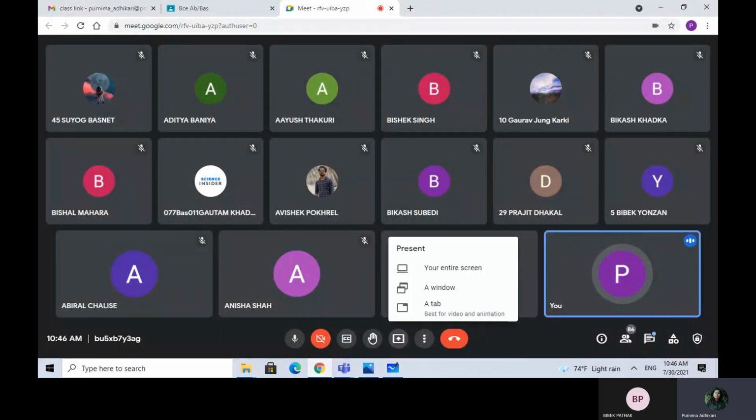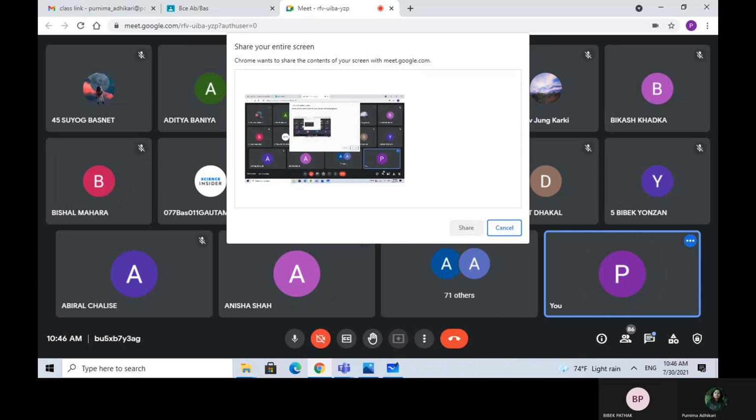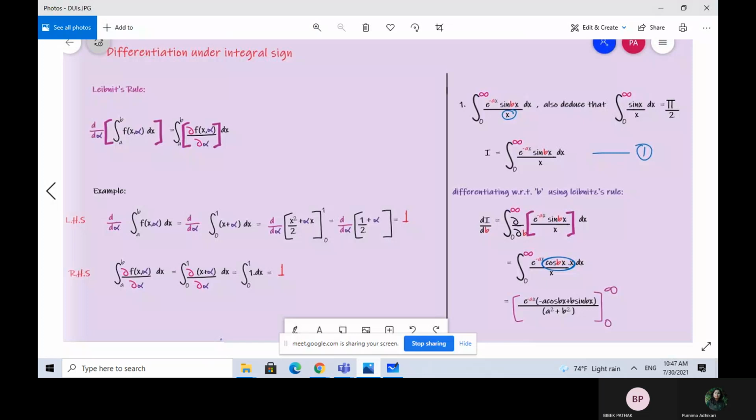Till then let's manage with this. Okay, let's manage with this cutout.